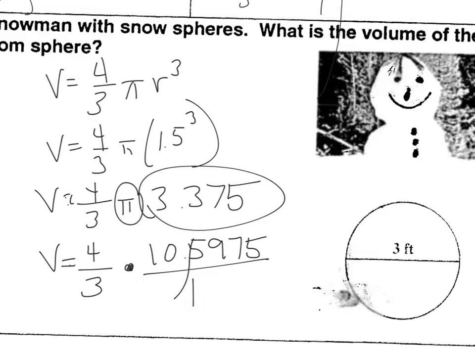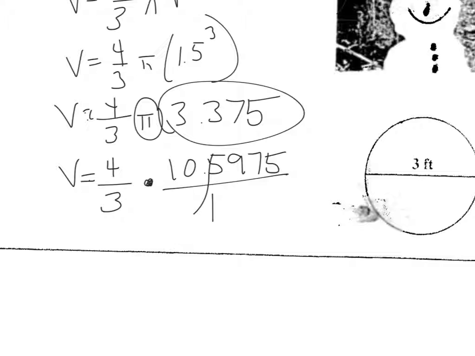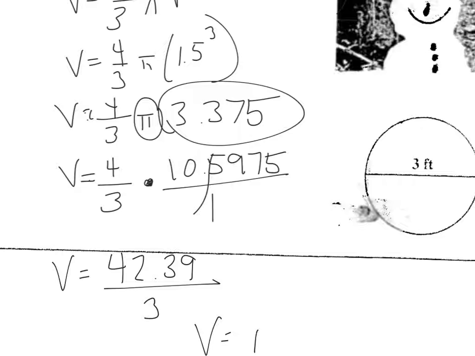If I keep on multiplying through, 4 times 10.5975, I'm going to get volume is equal to 42.39. 3 times 1 is 3. Simplify it down. Last step, we get 14.13. Put your label, feet cubed.